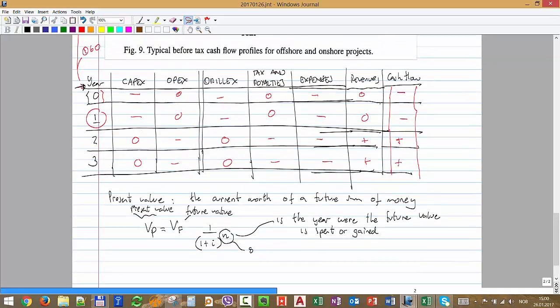Then we create another column, and this i is the interest, but it has another name: discount rate.